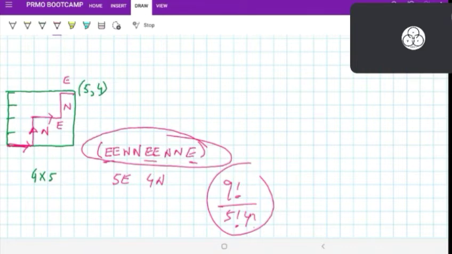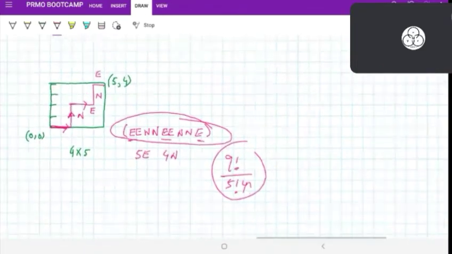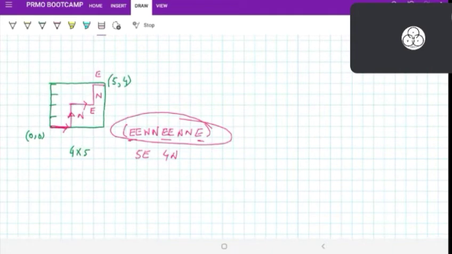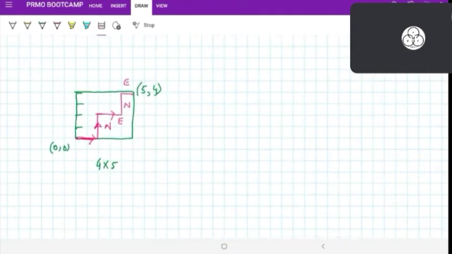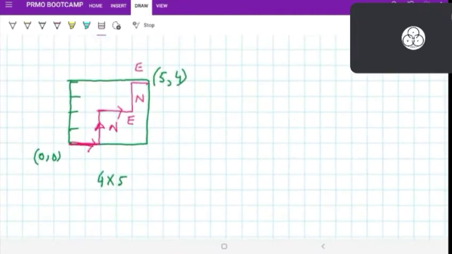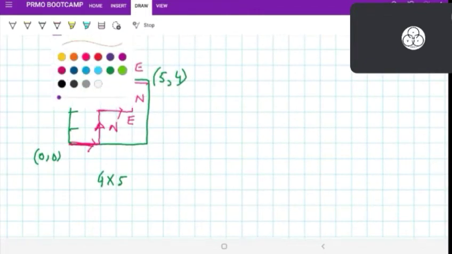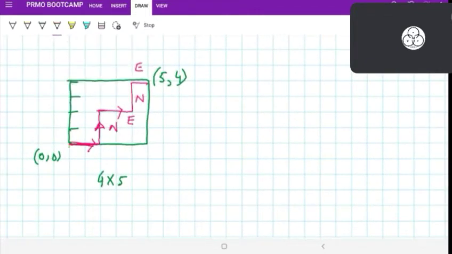Now why am I saying the shortest lattice path? See, I can have a path like this. No, this is obviously not a shortest lattice path. Why?